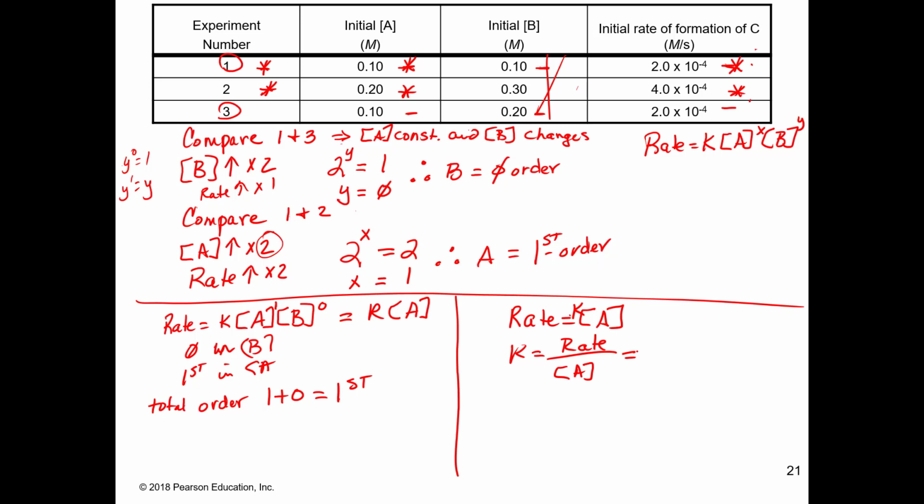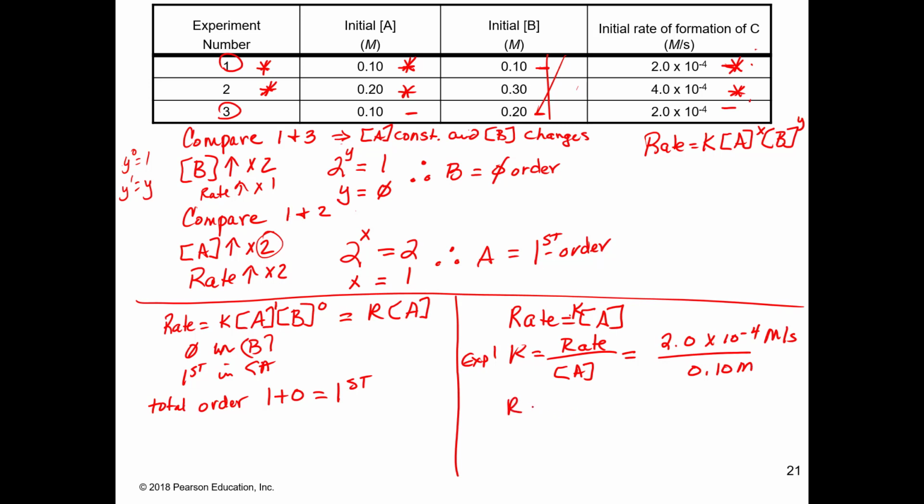I'm going to pick the first one because it's the first one I come to, but you could do any of them. Alright, and so the rate of the first experiment, so I'm going to use experiment 1. 2 times 10 to the minus 4, and that's molar per second, divided by the concentration of A in that same experiment, which is 0.1 molar.